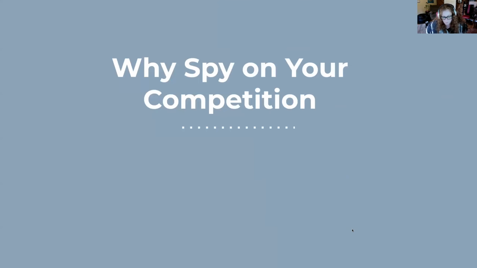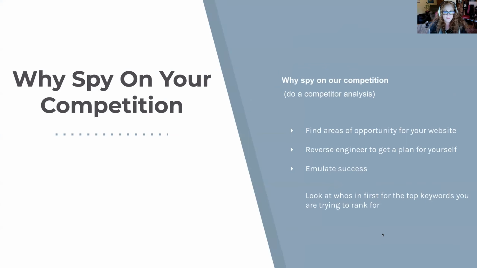Now, why do we spy on our competition? Because they might be doing things really well and we can be like, oh, maybe we should do that, or that's cool, or that looks great, or wow, I feel like this could be working. In things like SEMrush, which is a tool that you can use, it's a paid tool, rather expensive, but you can see the Google ads that people have done over time to see the changes.